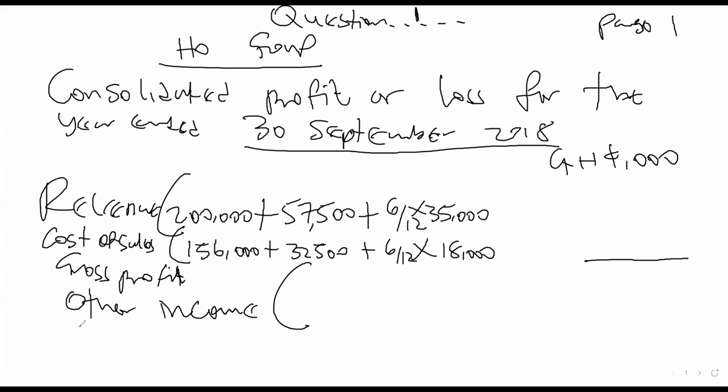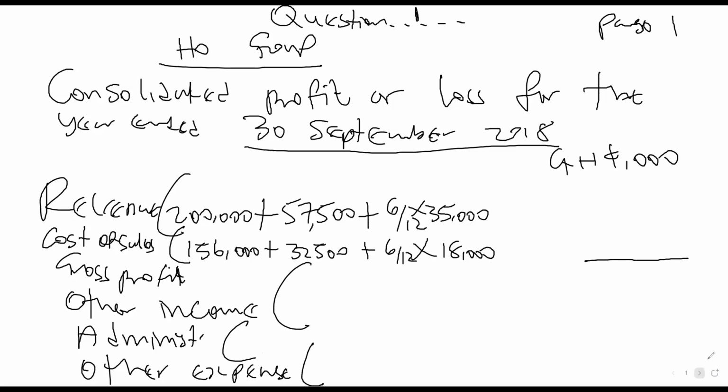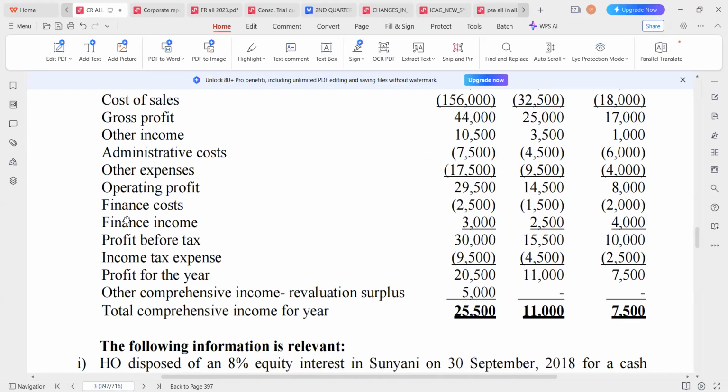For administrative expenses, you open your brackets. Then for other expenses, you open your brackets. Right from there, they went to operating profit. You bring the operating profit in here.